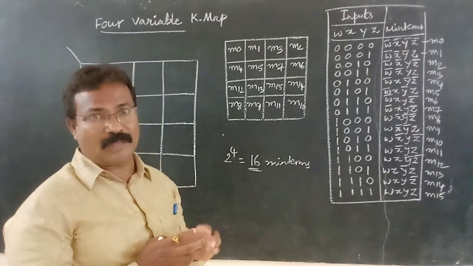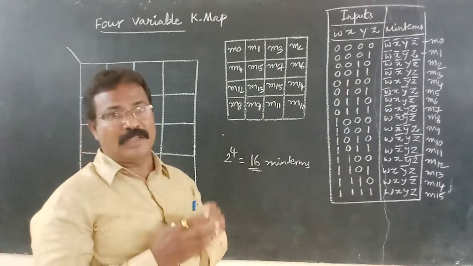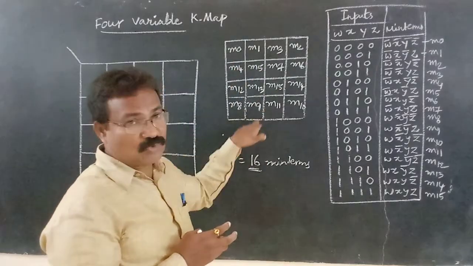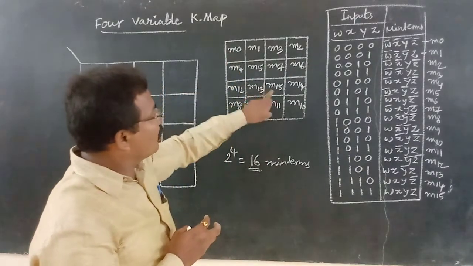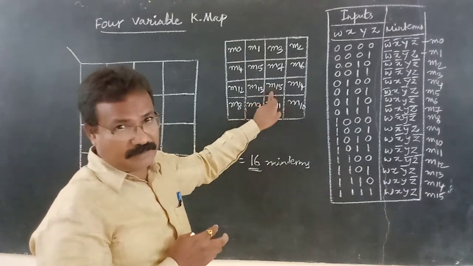The four variable K-map consists of 16 minterms. Each minterm specifies a square in the K-map. The first minterm is specified here and the last minterm is specified here.